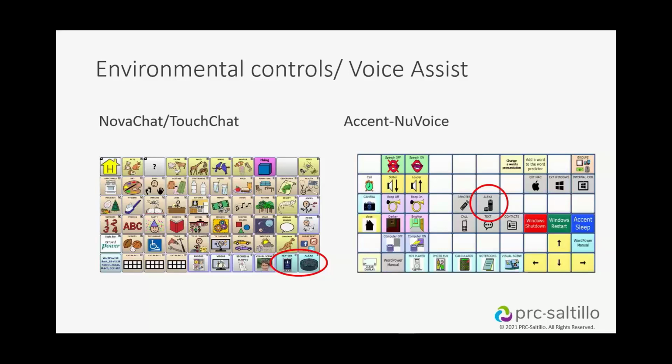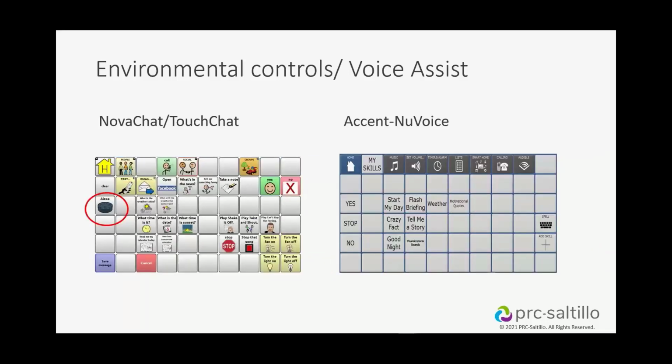I've been around for a while, and it used to be that the high-end devices were the ones that had environmental control options. But now with the advent of Hey Siri and Alexa, a simple system like TouchChat on an iPad gives the features of environmental control.